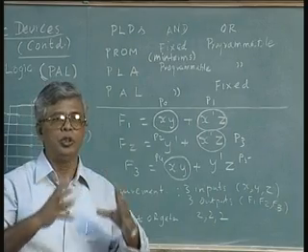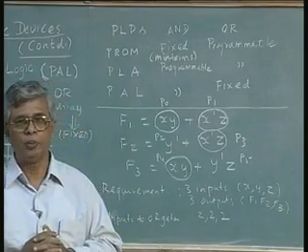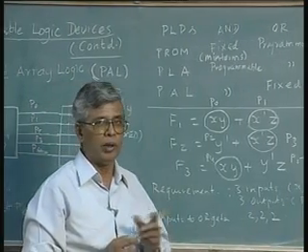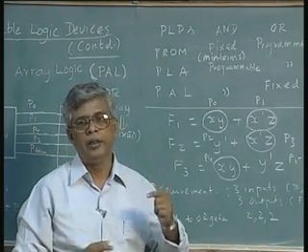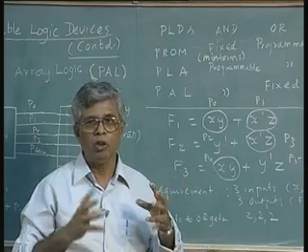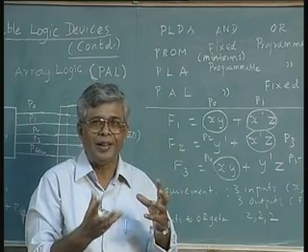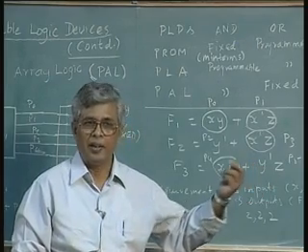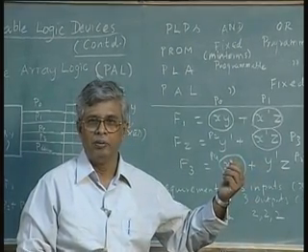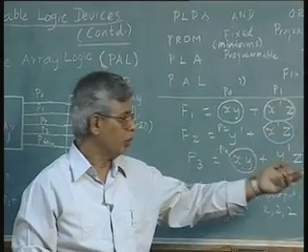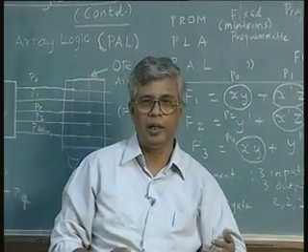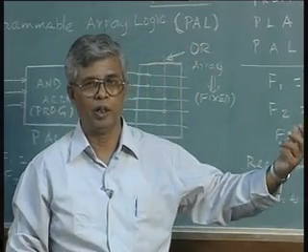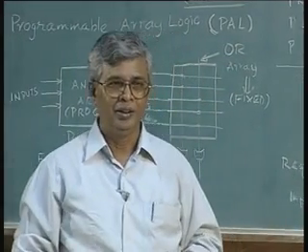Suppose I had a very huge system with a lot of inputs and several product terms generated, and each OR gate should have the capability to take any of those as input. The OR gate size would then be very large in the case of a programmable logic array. Here we are saying only 2 inputs, so it is a 2 input OR gate each. Earlier, supposing there were 5 terms, I should have had a 5 input OR gate, out of which I would have used 1 or 2 or 3.